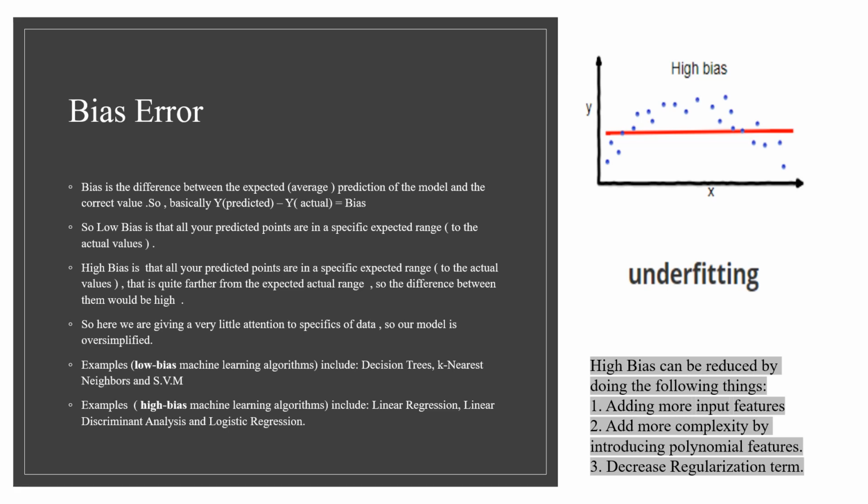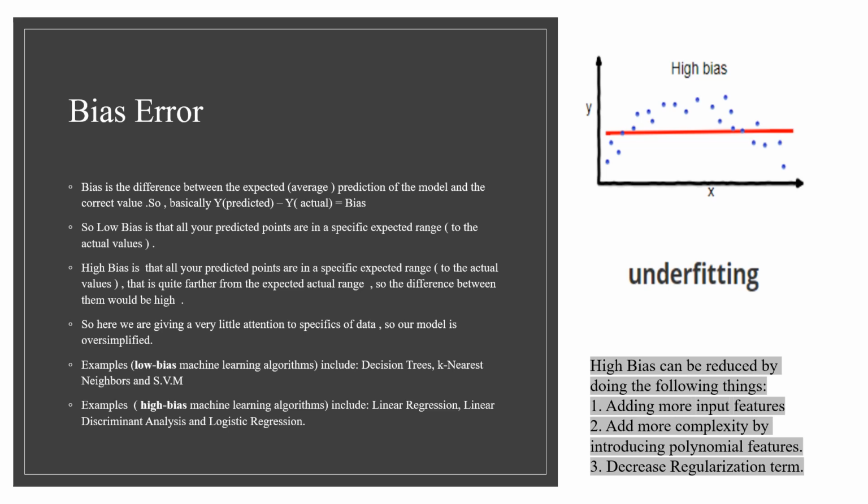So here we are actually giving very little attention to the specifics of the data. So our model is oversimplified. As you can see in the graph here, our model is just a simple line spanning over these data points, while it should not be like this. It's a very simplified model. That's one of the things that says your model has got high bias.